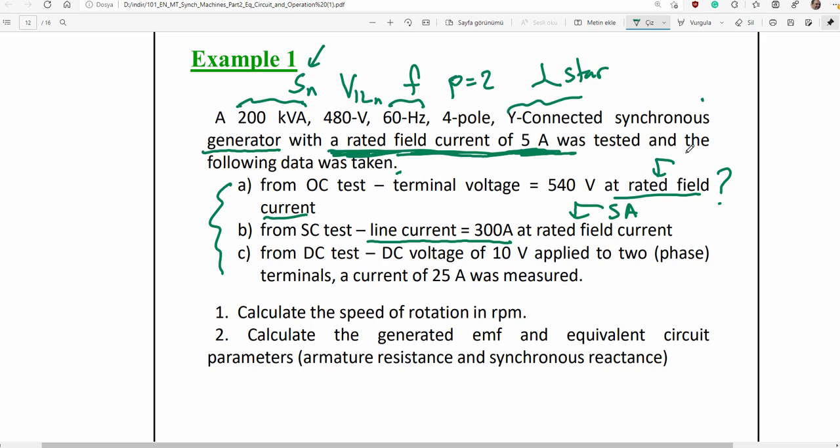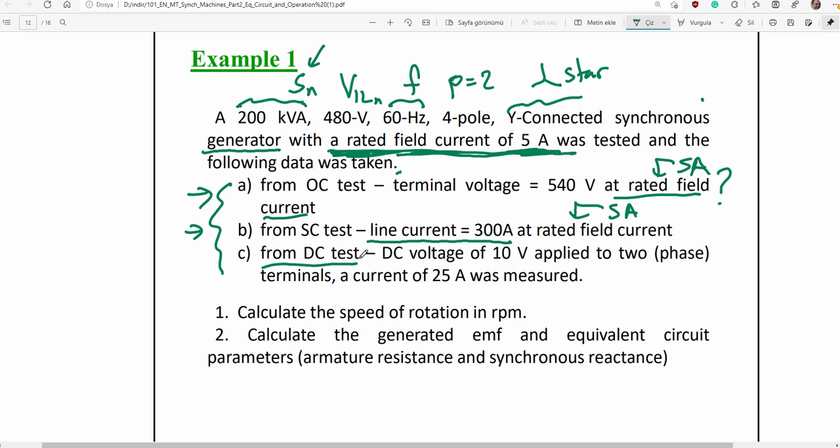As you see, the experiment is conducted under 5 amps, which is rated field current. Both of those tests are conducted under such a field current.